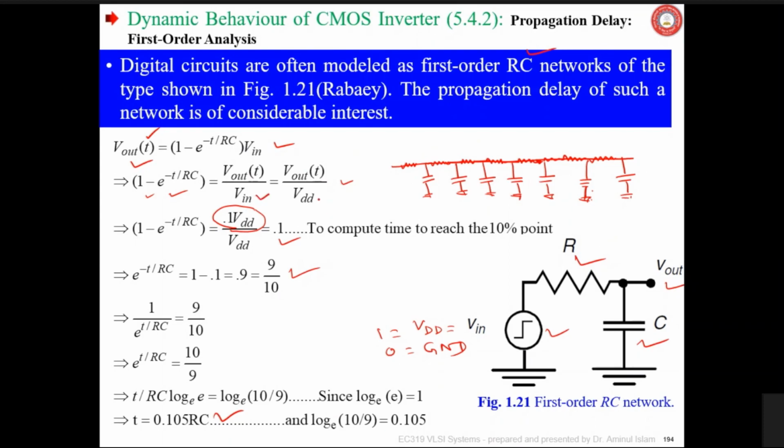V in is going to be VDD, generally. To compute the time to reach 10%, V out is 0.1 VDD. So what we get here is ultimately t equals 0.105 RC. The time required for 10% rise is 0.105 RC if you calculate this way.